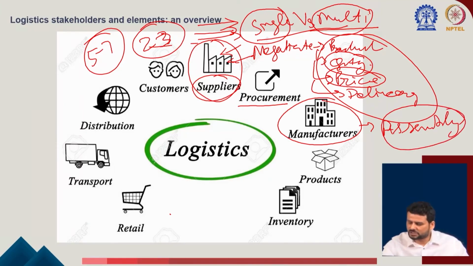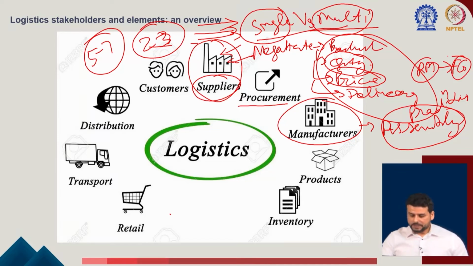This is a kind of production line, or assembly line, where we usually convert our raw material into FGs, finished goods. As a manufacturer, this is not only one; again, like we have multiple layers in suppliers, we can have multiple layers in manufacturers as well.